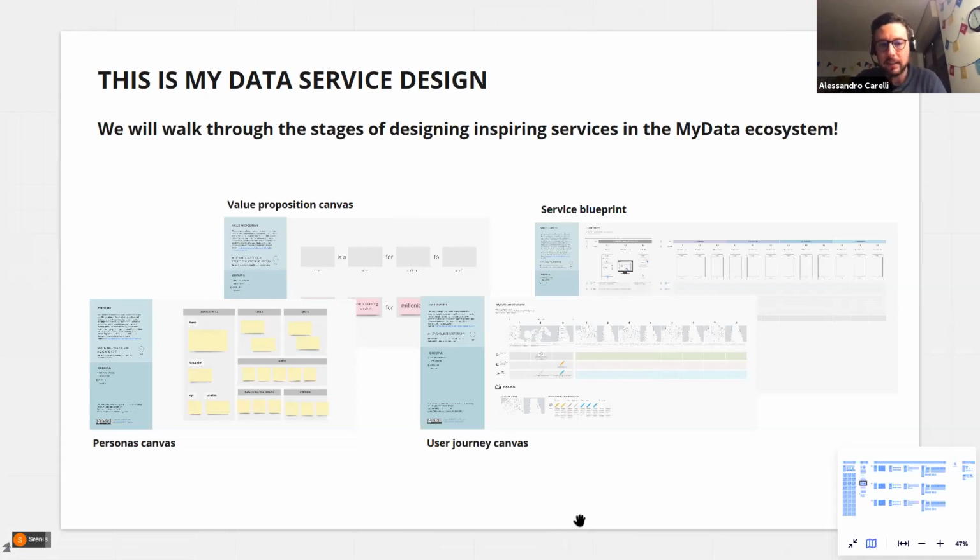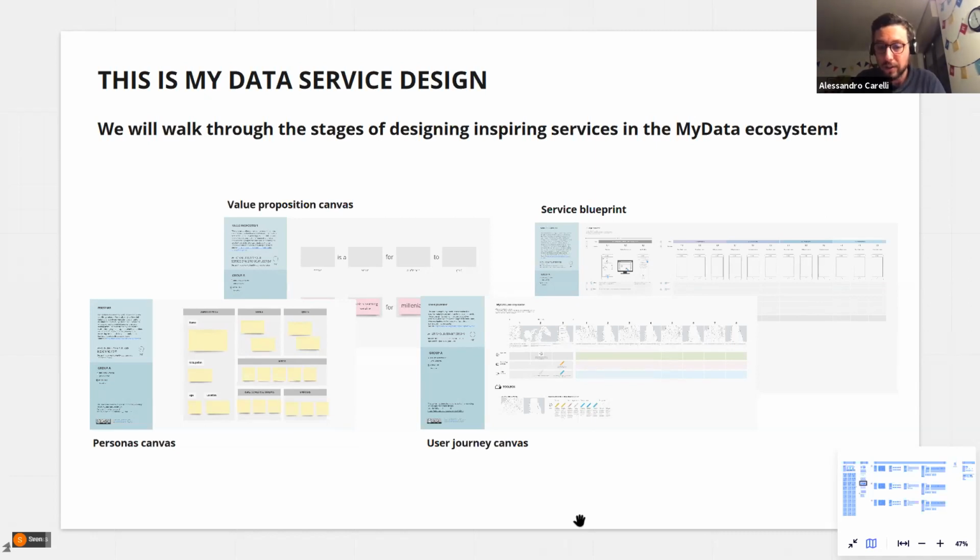Again, this workshop is on applying service design to the data field. During this workshop, we will introduce you to a few of the perhaps most popular tools from service design, and we will use them together. These are the personas canvas, to understand who we are designing for, and the value proposition canvas, to really understand what is the value that we are bringing to that person, our future users.